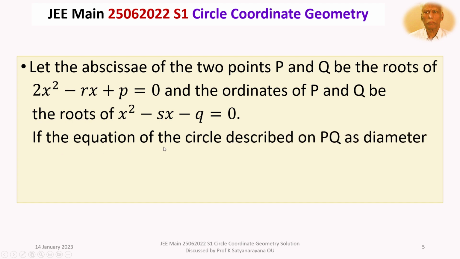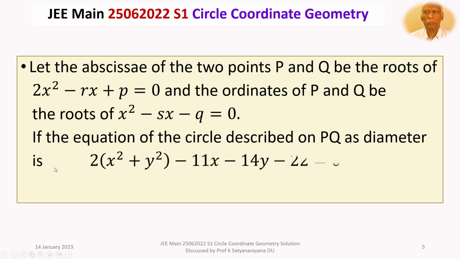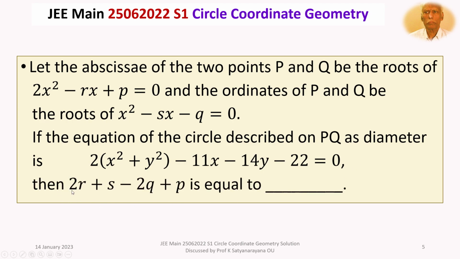If the equation of the circle described on PQ as diameter is 2 times in brackets x square plus y square minus 11x minus 14y minus 22 is equal to 0, then 2r plus s minus 2q plus p is equal to.